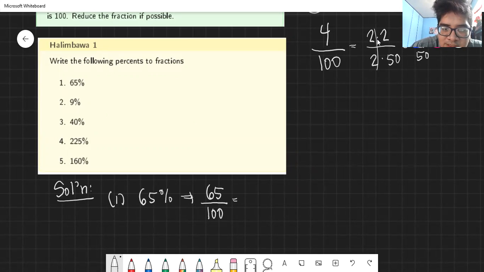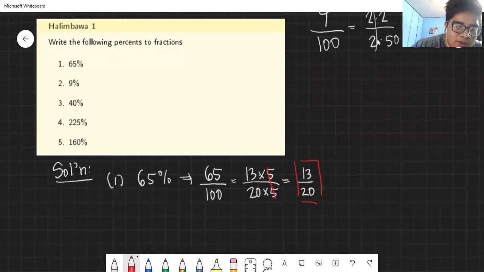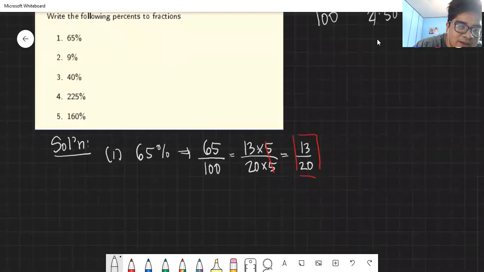Alam natin na yung 65 can be written as 13 multiplied by 5 all over yung 100, pwede mo isulat as 20 multiplied by 5. E di let's cancel out that 5. E di mangyayari, this is just 13 over 20. So 65% is just 13 over 20 in fractions. Basically, ganun lang siya.